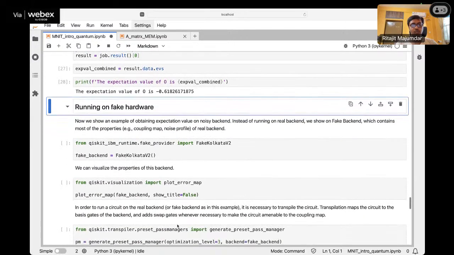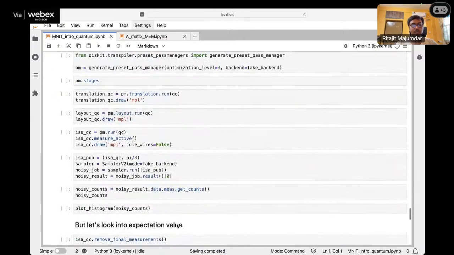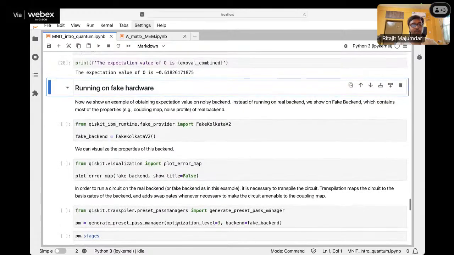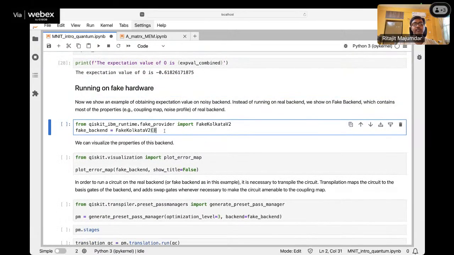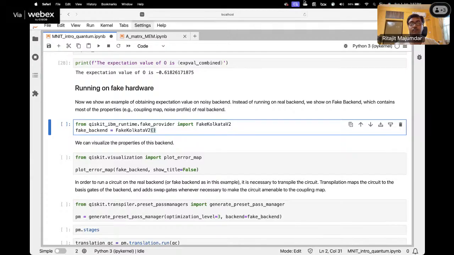So we'll just do one small thing before going into the break. Let's look into what happens when we run this on a real backend, but instead of taking a real backend, because there is a... wait, audio lost. Am I still audible? Okay.